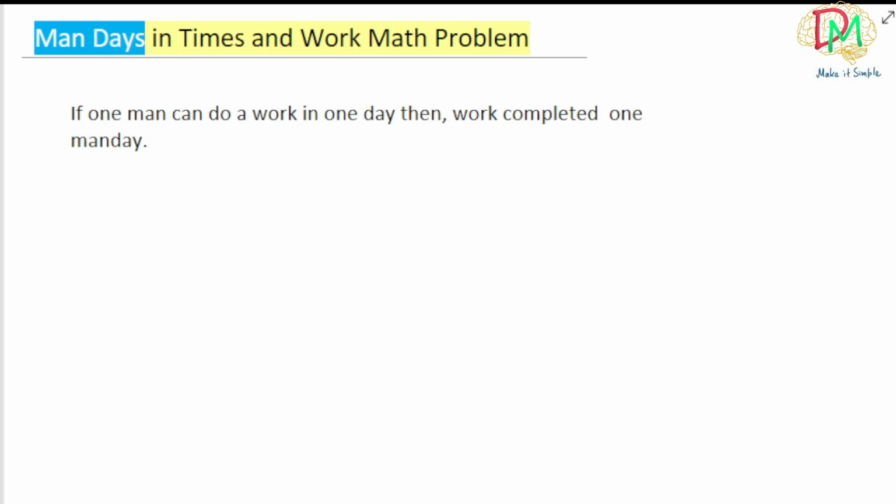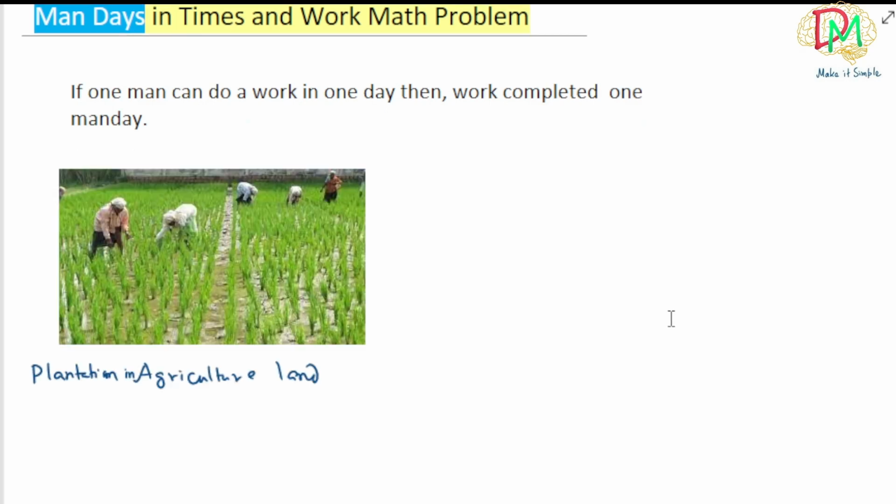Let's take one example. Here the people are working for plantation in the agriculture land for growing crops. So how many people are working here? 1, 2, 3, 4, 5. So 5 men are working here.